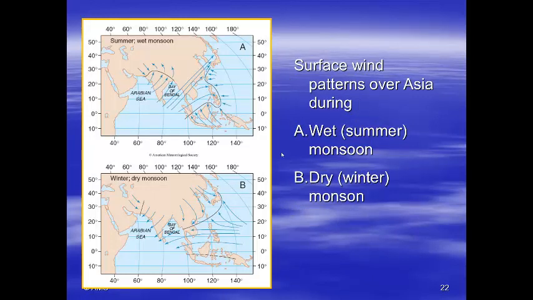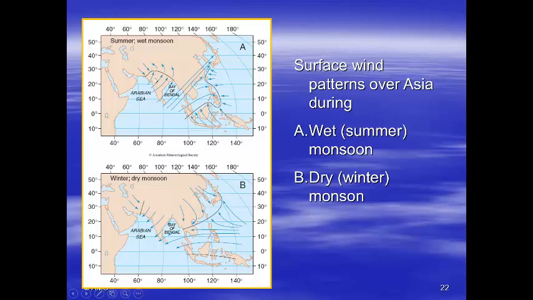So we see these surface wind patterns over Asia, and what we'll see is a wet summer monsoon, and that's in picture A, and we see a dry winter monsoon in B. What's happening in A is we're getting wind that blows off of the ocean onto the land.